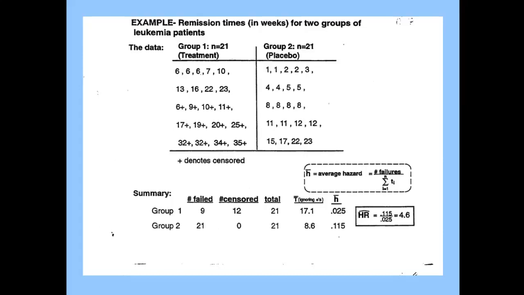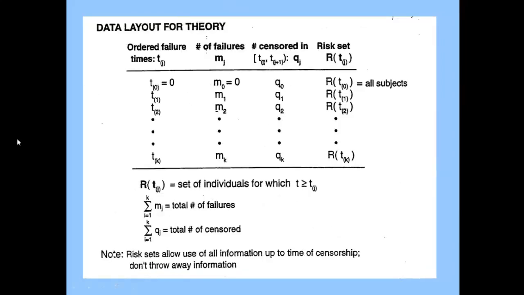So it's different for different groups, right? Now, it turns out when you set up this table, you also have time 0 where nobody failed, but you put that in there for a reason that I'll explain to you in a minute. Okay. Now, this is the data layout for how survival analysis works.